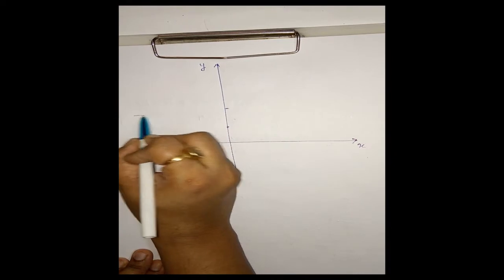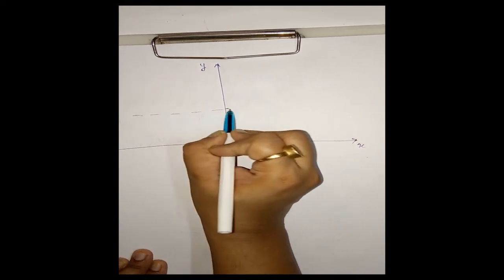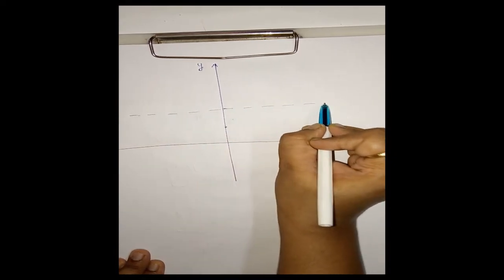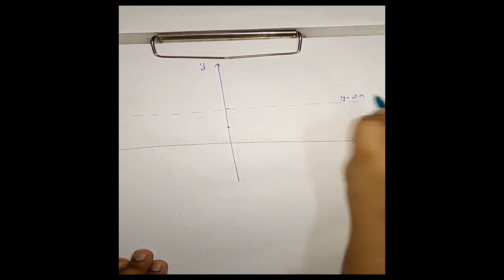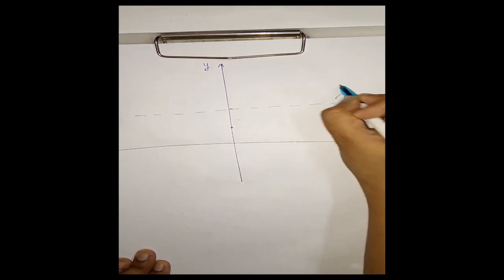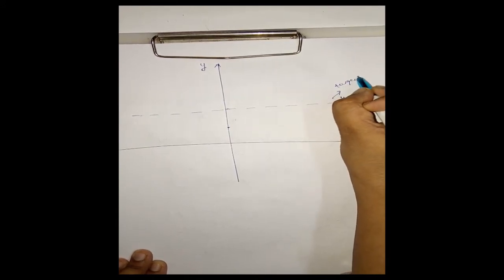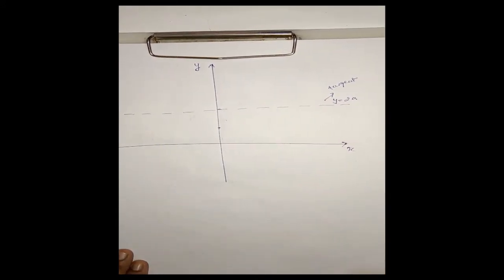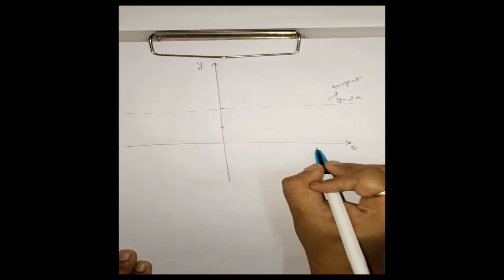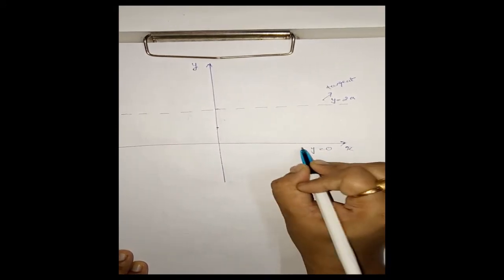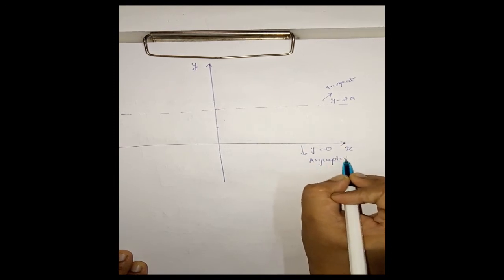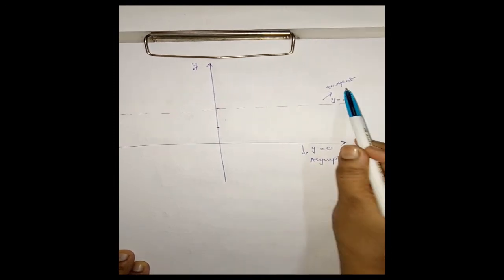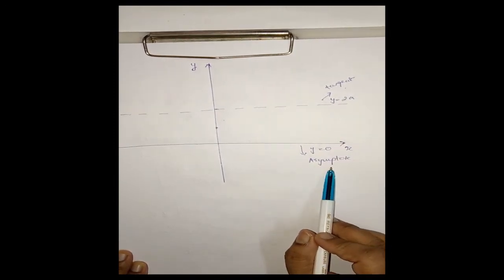At the point (0, 2a), y is equal to 2a, this is my tangent. And also, we know y is equal to 0, that is the x-axis, is my asymptote.